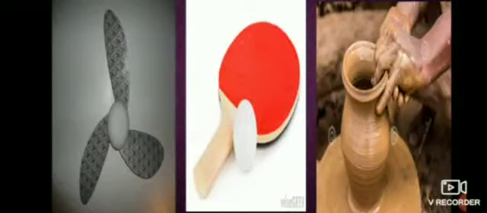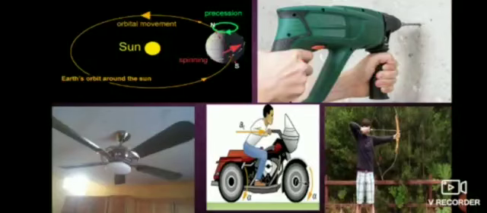Similarly, each particle of the ball moves in a circular path about a particular line when the ball rolls on the surface. Therefore, the ball also has rotatory motion. Thus we can say the ball consists of both translatory and rotatory motion.